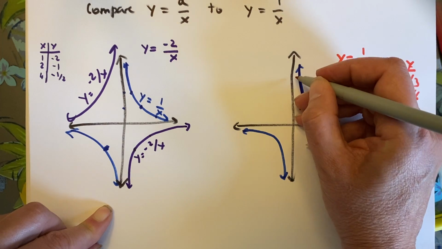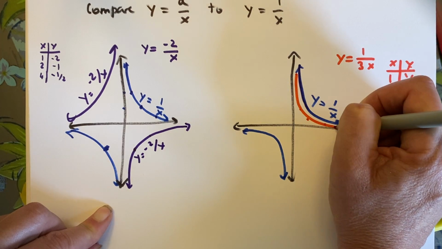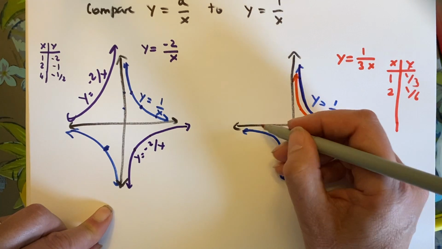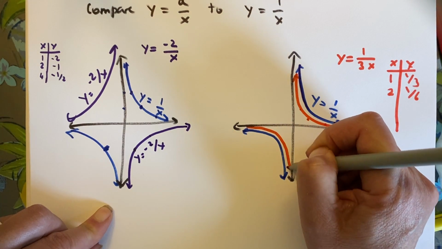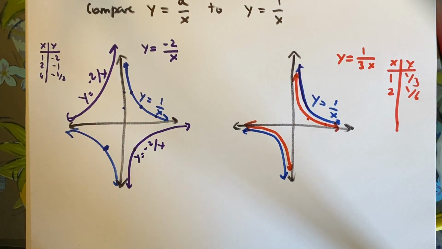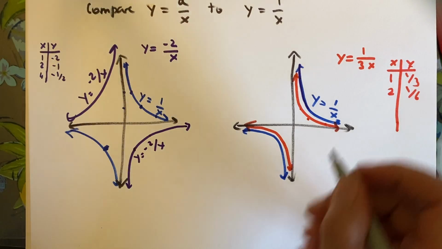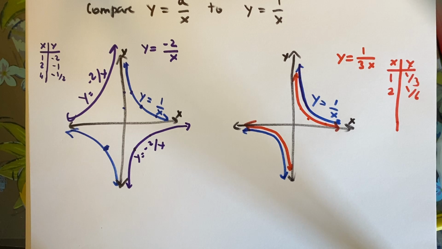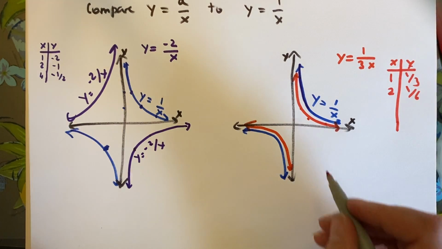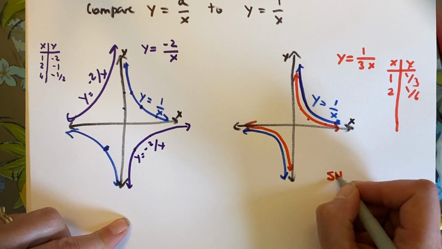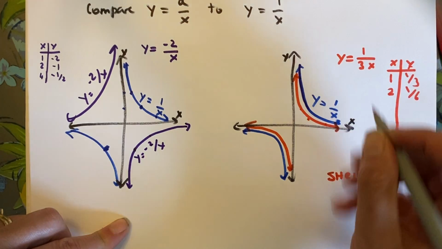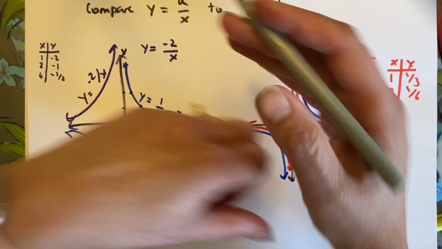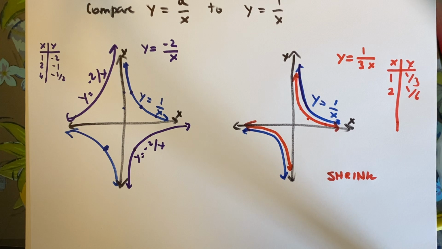And you can see that what is going to happen is you're going to have a function that is a shrink, that's going to be closer to the x and y axes than the parent function. I should have labeled those properly. Okay, so this one you can see is a shrink.